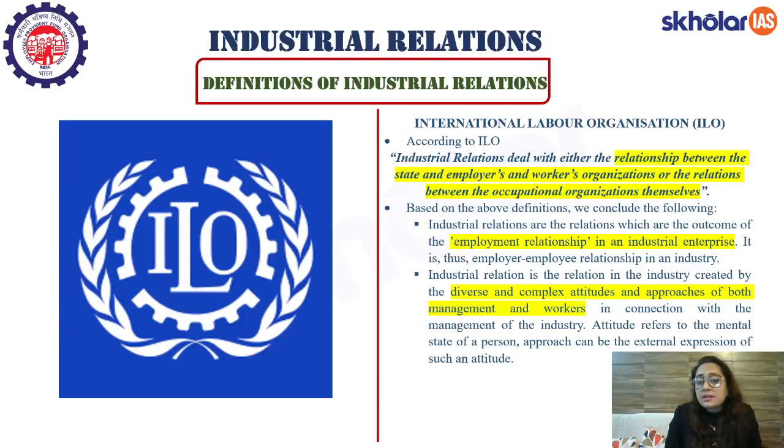So industrial relation is a relationship where we talk about the diverse and complex attitudes and approaches of two parties, management and workers, in connection with the management of the industry. It is very important because if the attitude is adamant towards each other, the industry will not work. There has to be a certain kind of understanding between both of them. If there is a misunderstanding between these people, there will be problems.